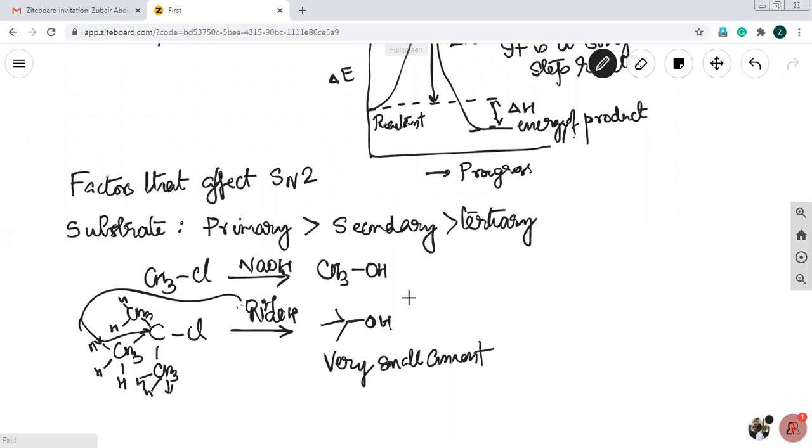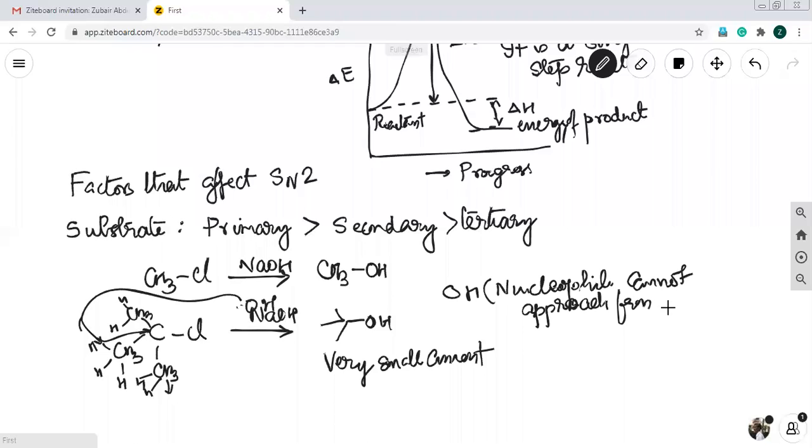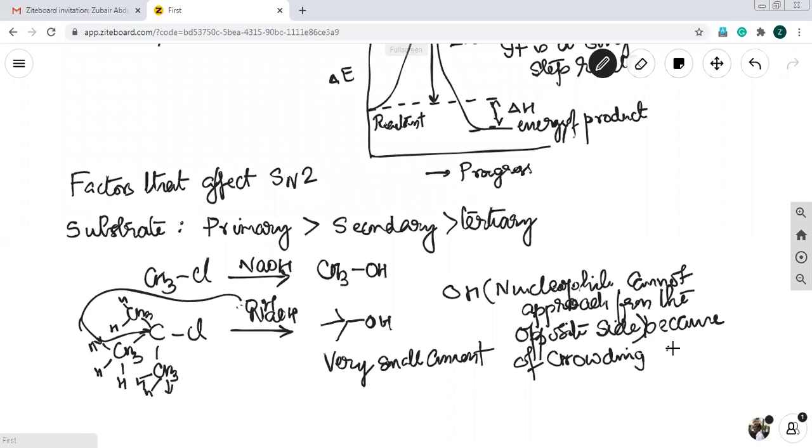So the nucleophile cannot approach from the opposite side, because of steric reasons, because of crowding due to bulky alkyl groups.